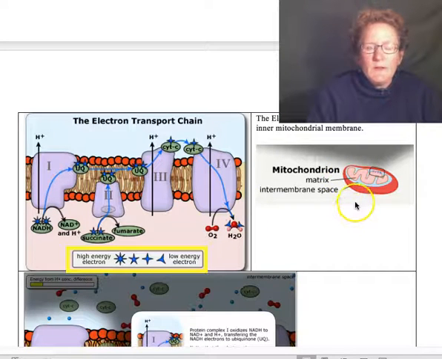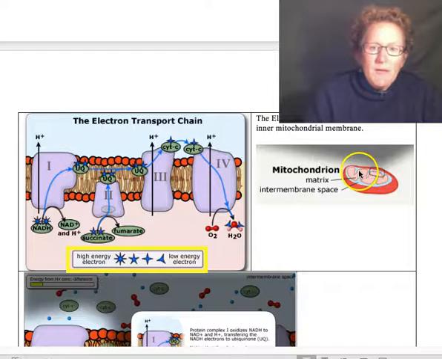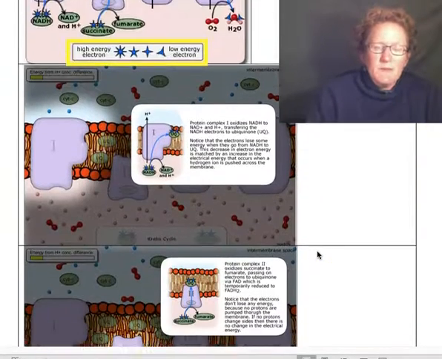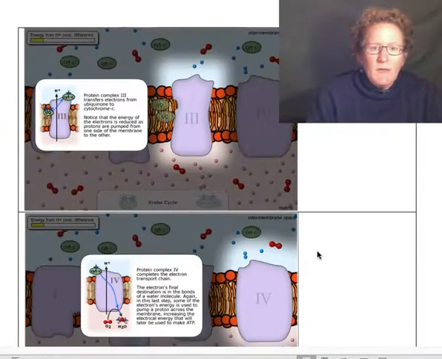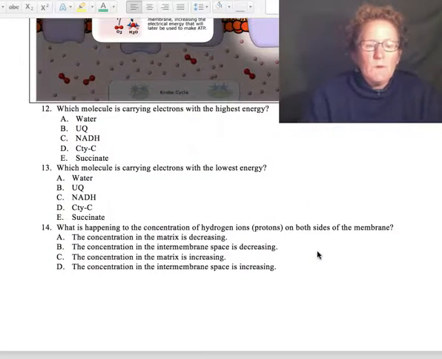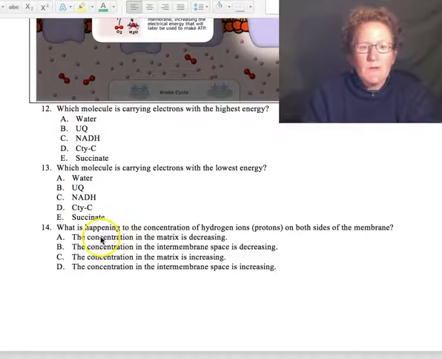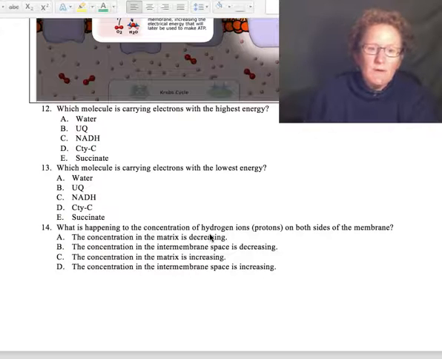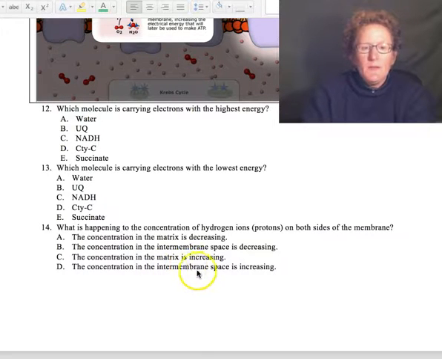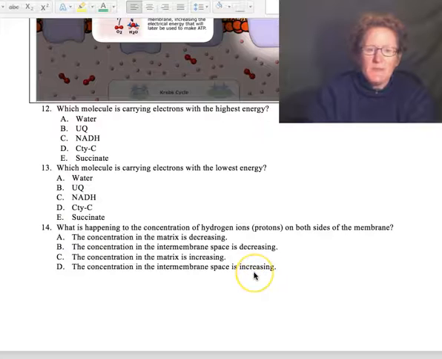So let's go back down and look at the question. They're being pumped out of the pink part and into the blue part, which is the intermembrane space. So we know in the pink part, the matrix, the concentration is decreasing. We also know the concentration is increasing in the blue part, the intermembrane space.